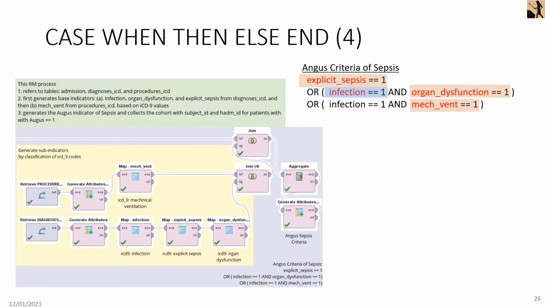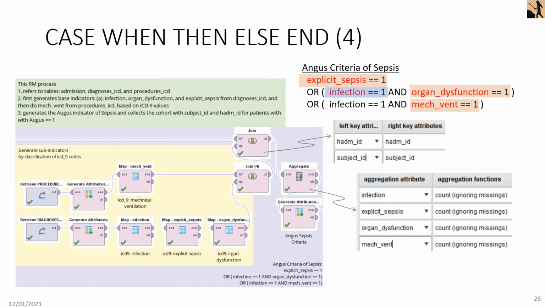So what we can do is collectively make the final decision. But first of all, we need to collect other attributes that did not participate in this ICD matching work. So we just use a join to collect other attributes.